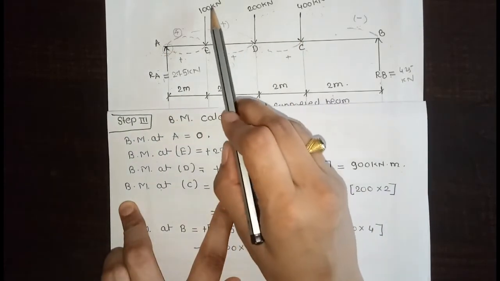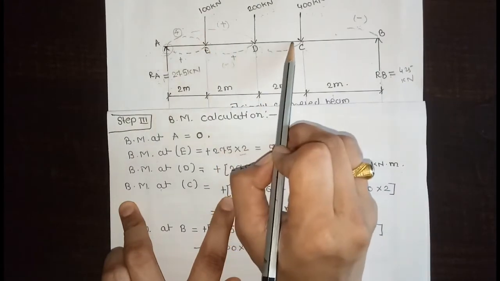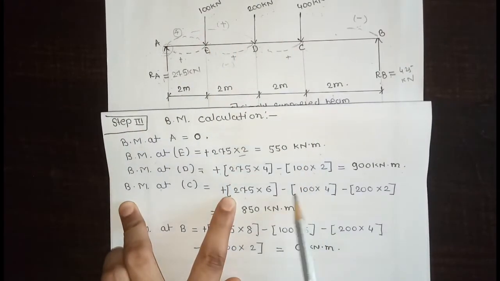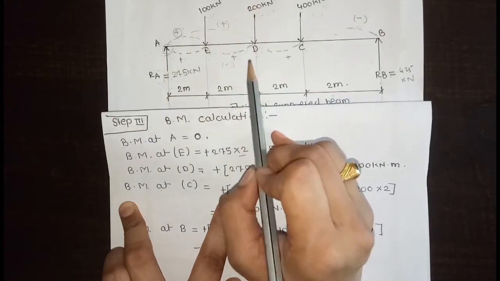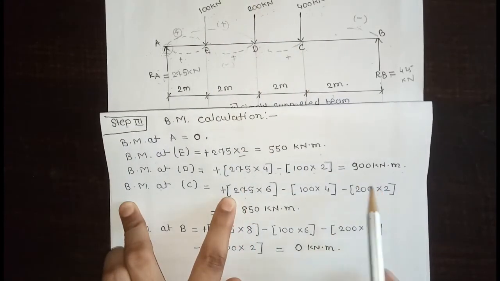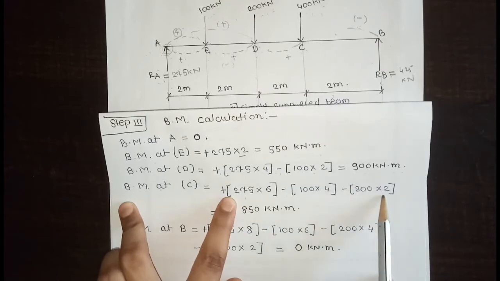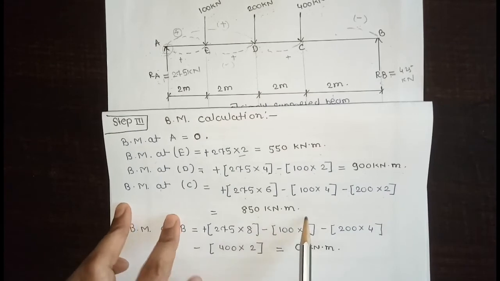Then next force 100 anti-clockwise, minus 100 into perpendicular distance A to C, minus 100 into 4. Then third force anti-clockwise, minus 200 into perpendicular distance D to C, 2. So minus 200 into 2 is equal to 850 kilonewton meter.